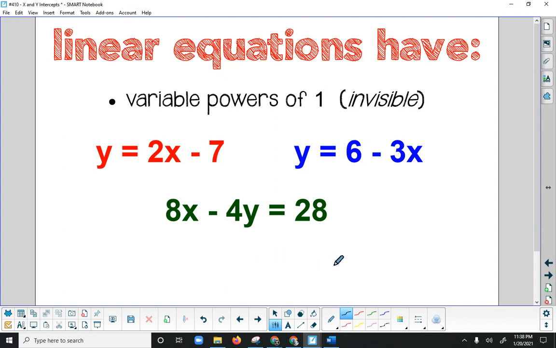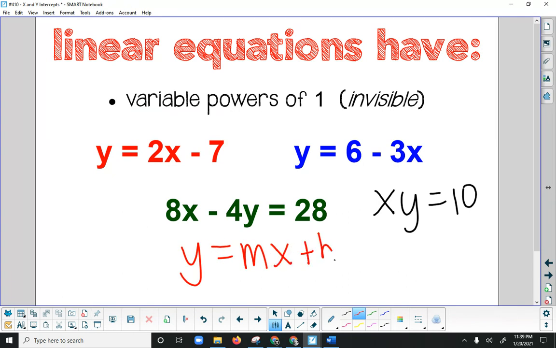Another item is that linear equations cannot have products of variables. So that is not a linear function. And the reason for that is because a linear function can be written in slope-intercept form. You might recall that y equals mx plus b is slope-intercept form.